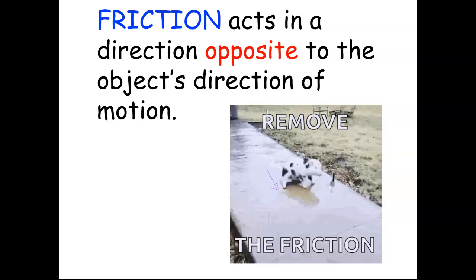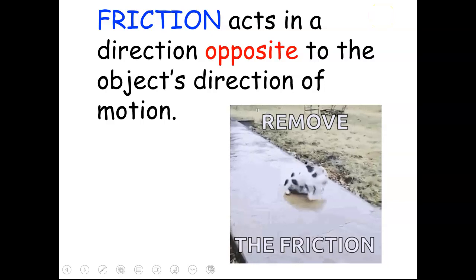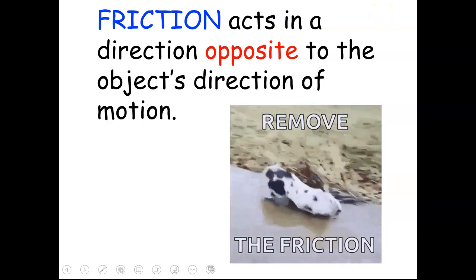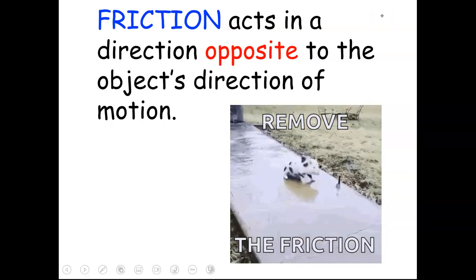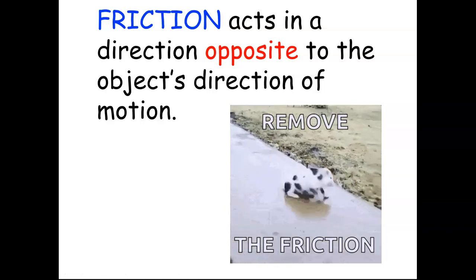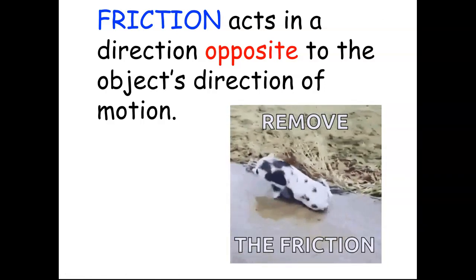But there's something different about the sidewalk in that it has a coat of ice on it, which has less friction than a dry sidewalk. So friction is always opposite of an object's direction of motion.